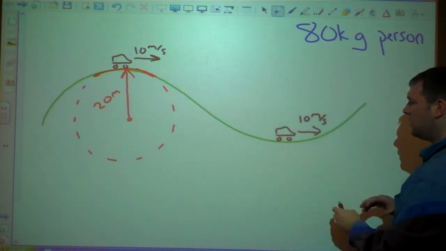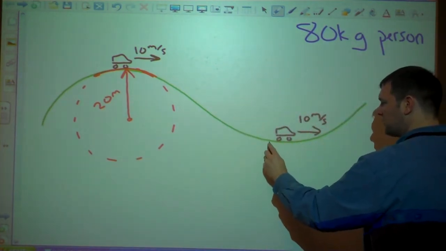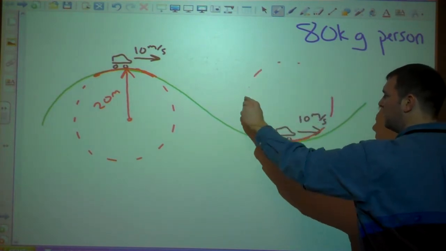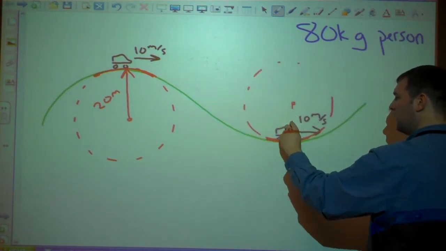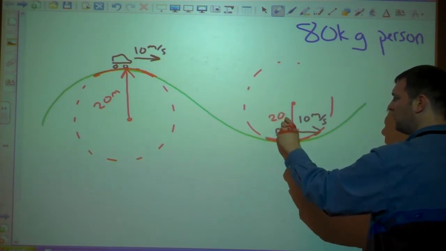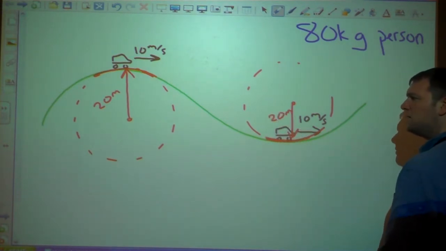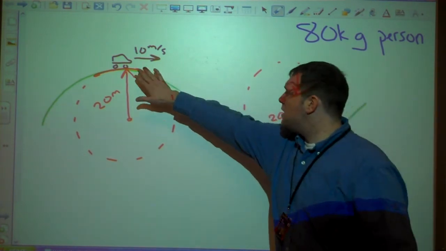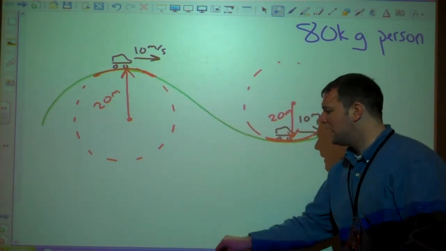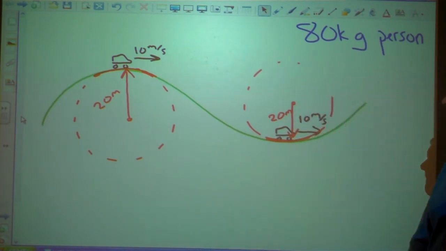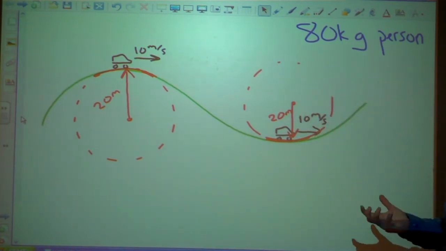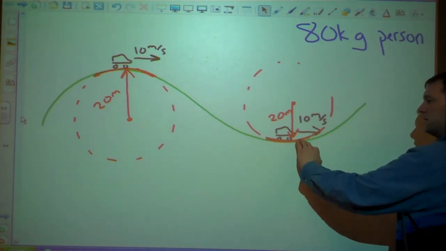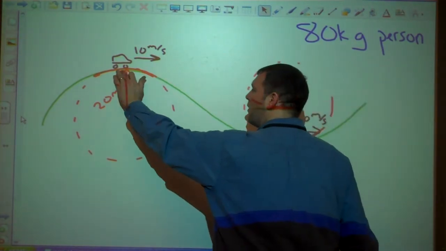Or looking over here, to say that it's a 20-meter radius curve, I'm talking about this arc here. If I extended it out, then that arc would have a radius of 20 meters. So when I say that the hill here or the hill here has a radius of 20 meters, I'm not really trying to pretend that these hills are actually circles. It's just that that is how curved the surface of the hill is at that point.